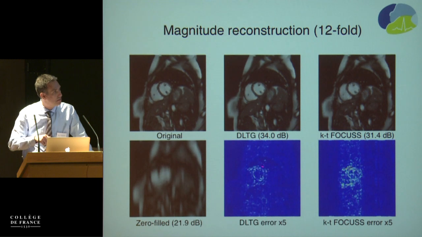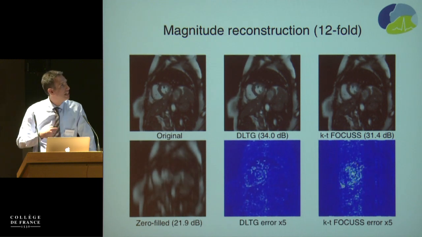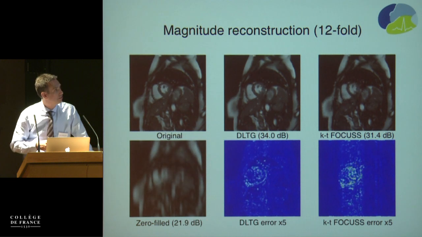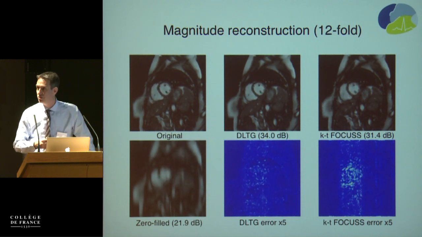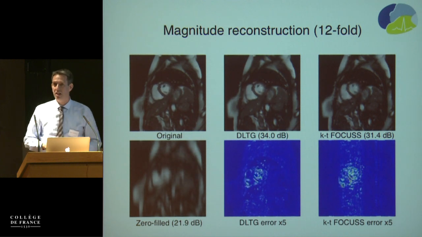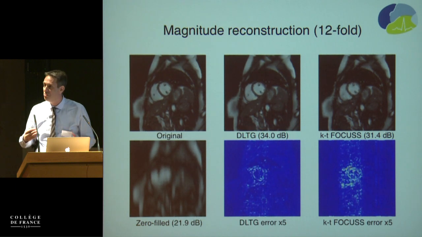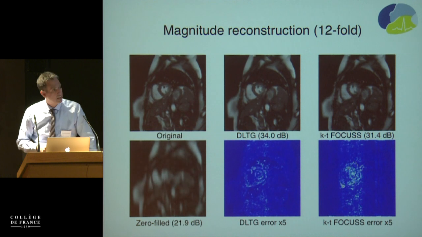I now have some larger errors, which you can see here at the boundaries of the object, but I still have an image which is probably good enough for visual interpretation and also good enough to actually perform image analysis tasks on. So this is a quite nice example of how I can actually use ideas from machine learning to make the acquisition of data faster.